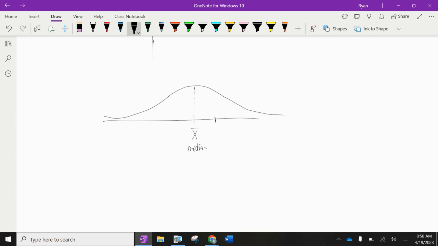If we calculate the standard deviation, either one up or one down, there's a certain percent of all of the results that are going to be within one standard deviation.